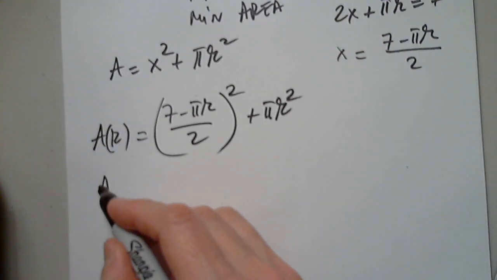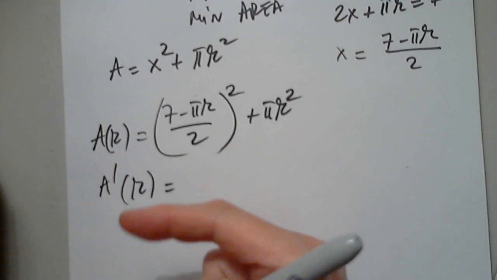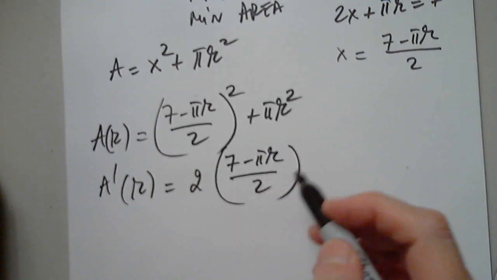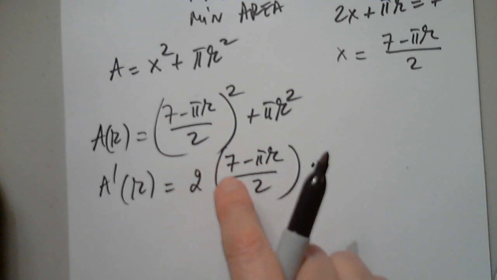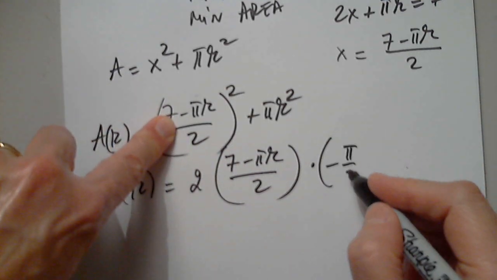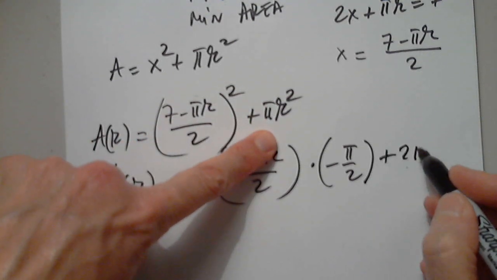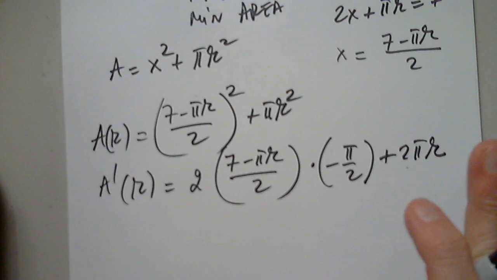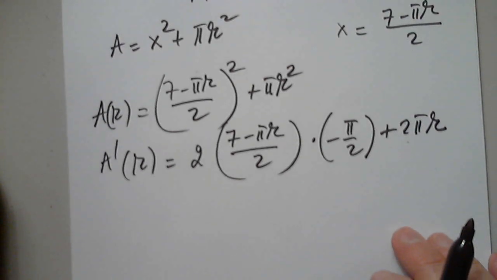So now A prime of r: 2, 7 minus pi r over 2 times the inner function prime. 7 over 2 is 0, but I have negative pi over 2 plus 2 pi r. Ugly, very ugly, but it is what it is.